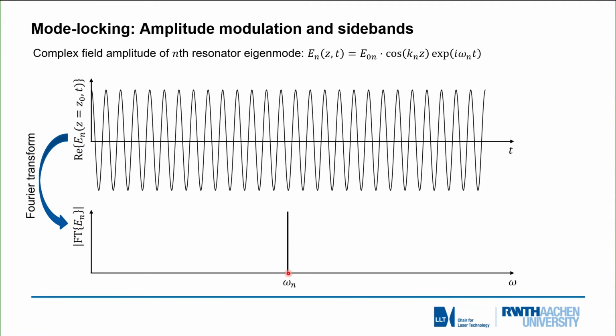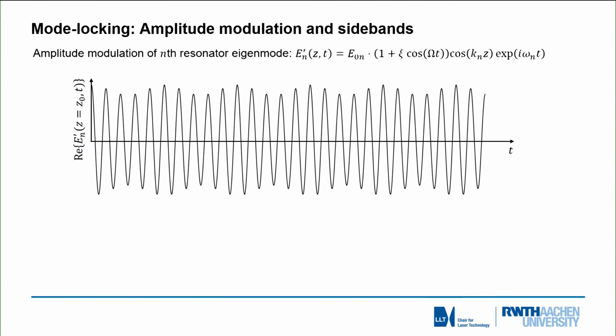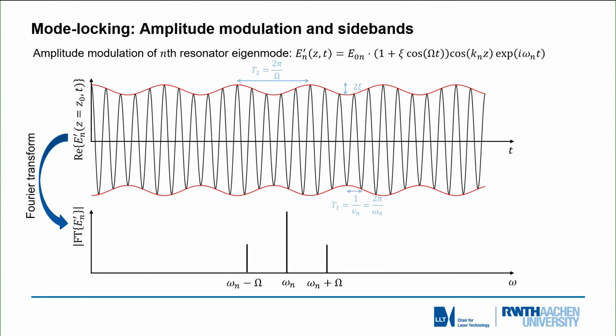Now what happens if we modulate such a wave in amplitude? This is sketched here. So we modulate the amplitude of that single frequency wave with a certain frequency. This modulation frequency then generates sidebands in the spectrum, which you can see displayed here.